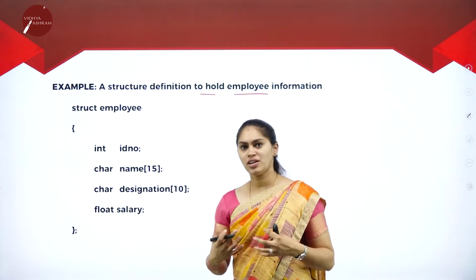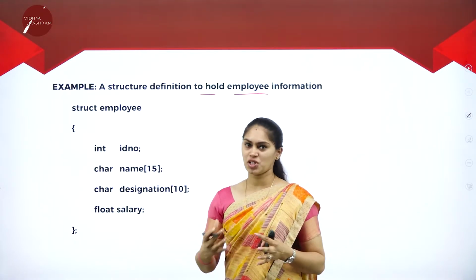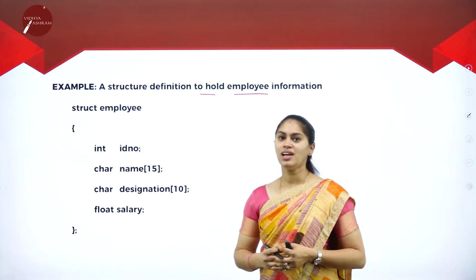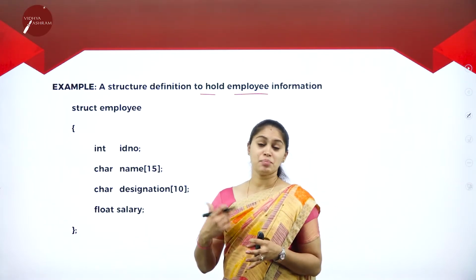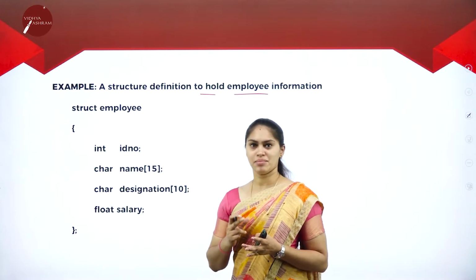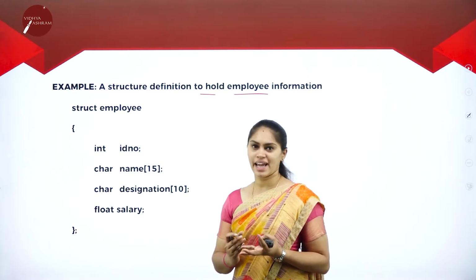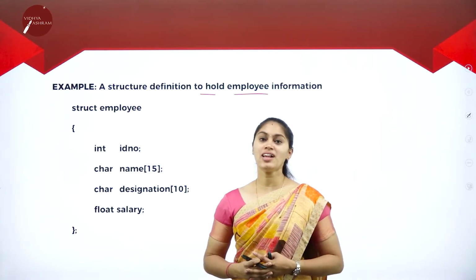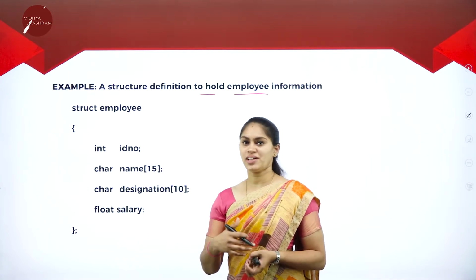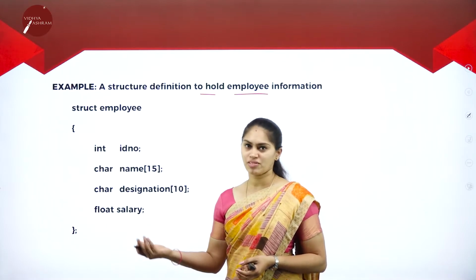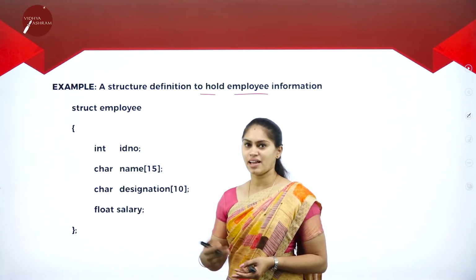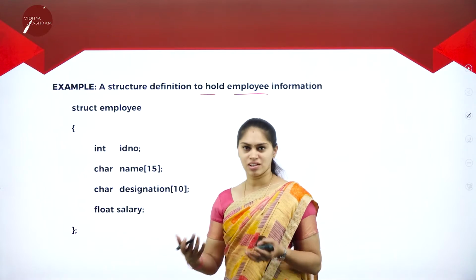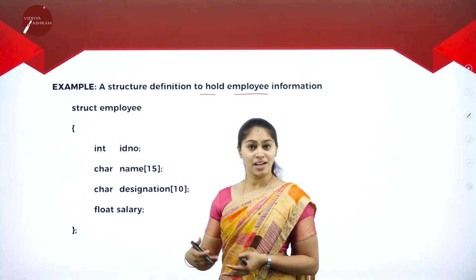If I want to display the information about the employee, tell me one thing: is it possible to hold the ID, name, designation, salary and age, everything, as the same data type? No, it is not at all possible. I can't take the name of an employee in numbers or floating point values. And if I want to take an age, are we going to take 18.5 or 19.2?